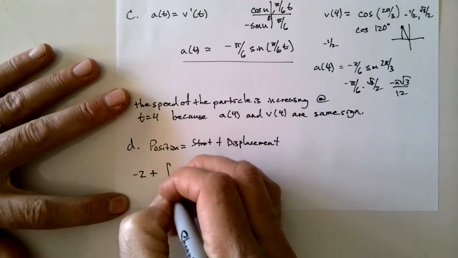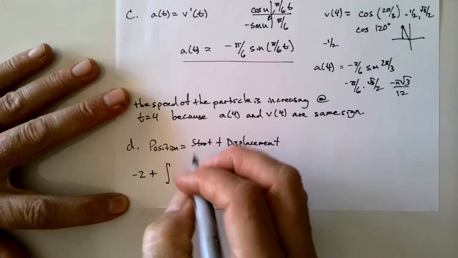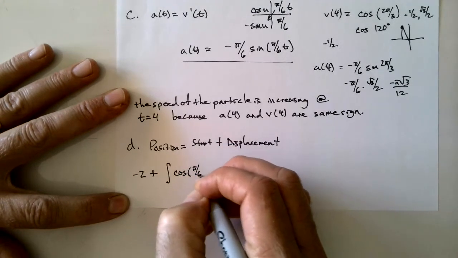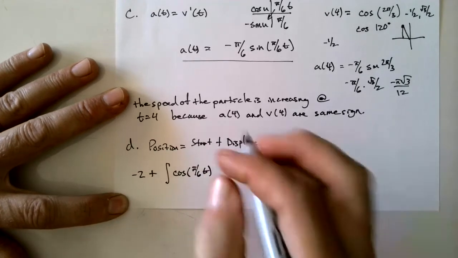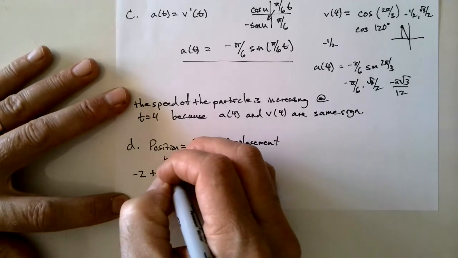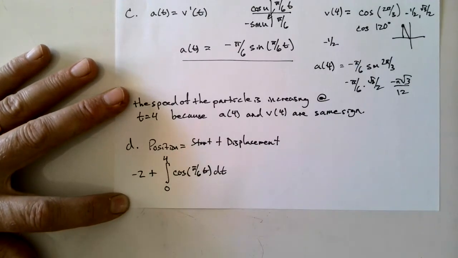And the displacement is the integral of the velocity function, or in this case, cosine of pi over 6t dt. And we're going from 0 to 4 because we want to find the location at time 4.